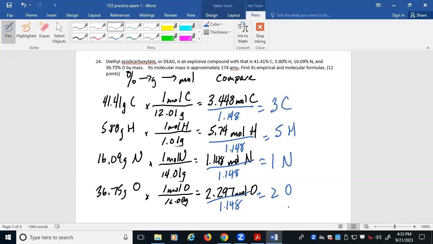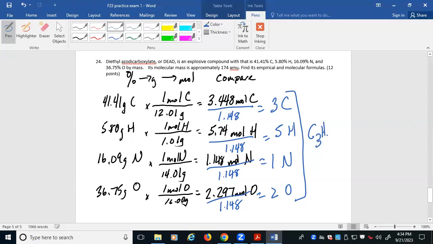If there were a fraction present in here, if one of these comes out like 0.5 or 0.33 or 0.25, 0.75, then we would know that we had to do one last manipulation to get rid of that fraction. But since that's not the case here, we just need to put these together into a chemical formula.